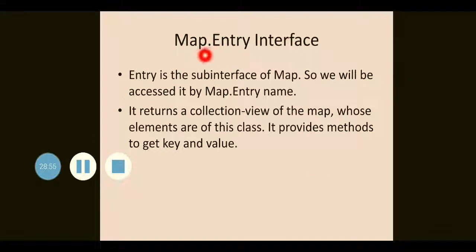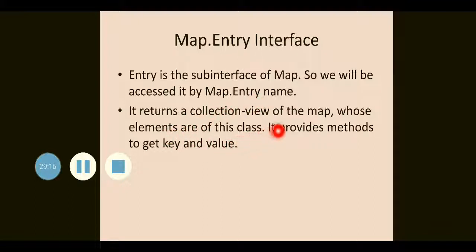So the next one is the Map.Entry interface. We have already seen that a key and value pair is called an entry. Entry is the sub interface of map, so it can be accessed by the name Map.Entry.